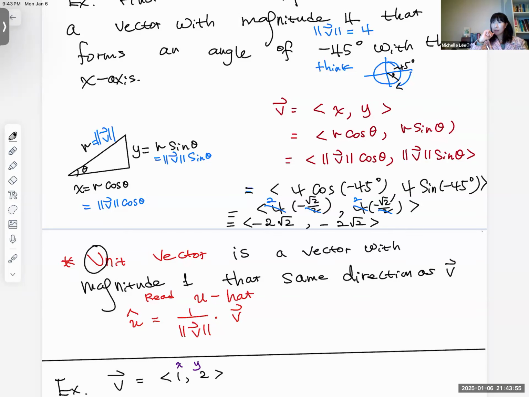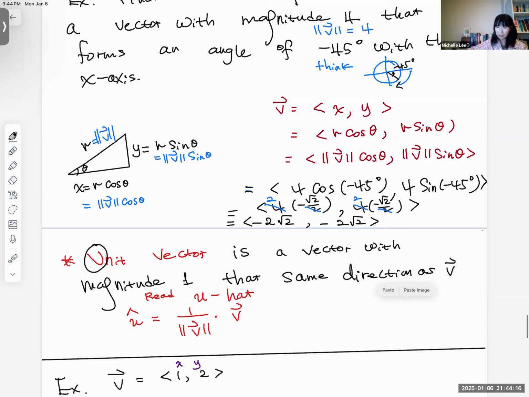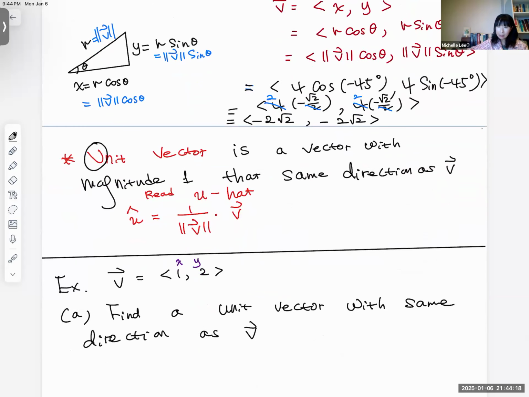All right. Let's do this example. So we have vector v. Find the unit vector with the same direction as the vector v. Okay.